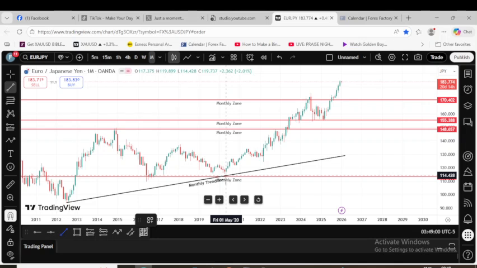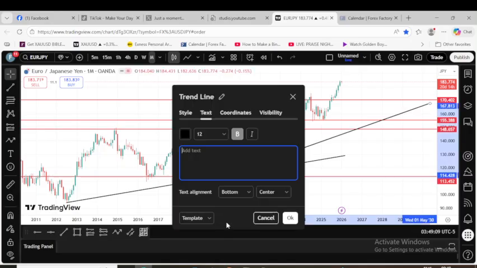Another trend line can be drawn across these two points to give us another monthly trend line.